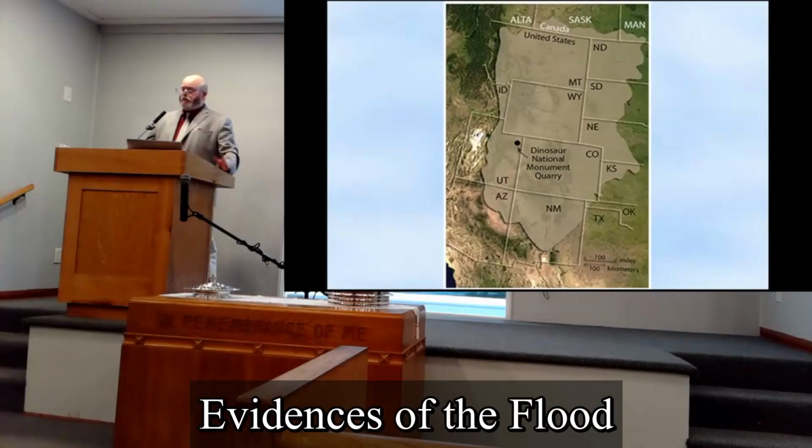Anyway, it's one big, huge fossil graveyard out to the west. And you can see it extends from Canada down into New Mexico, and it's pretty wide, going out into Nebraska and the Dakotas, and then coming over even into Utah and Arizona.